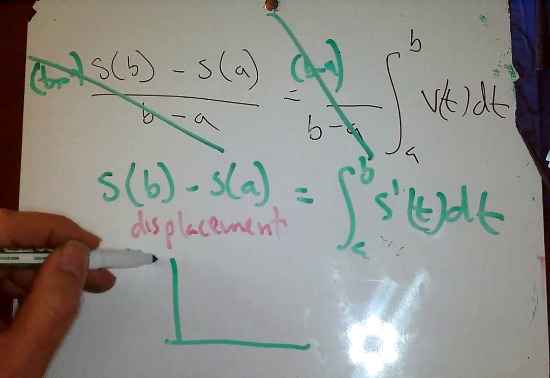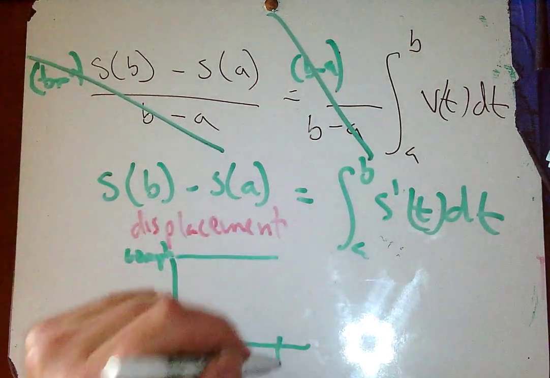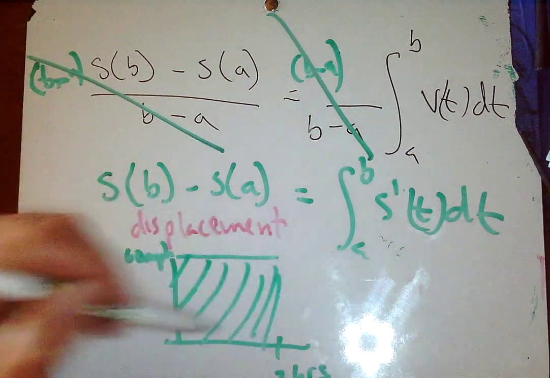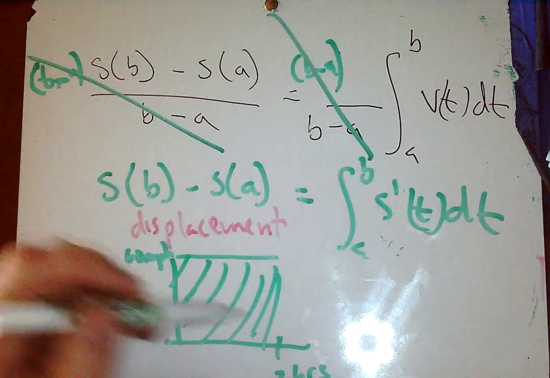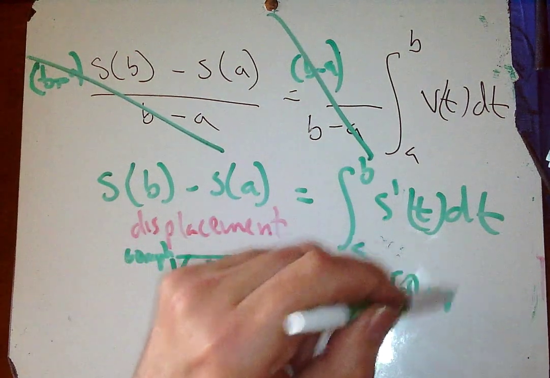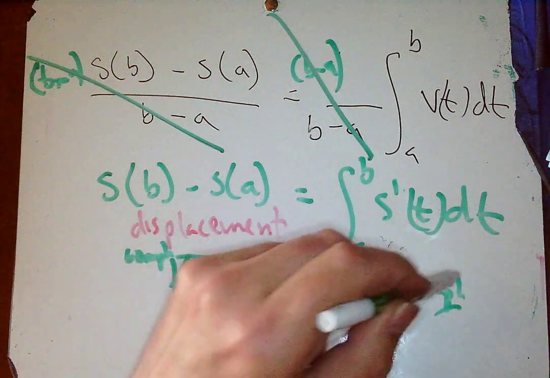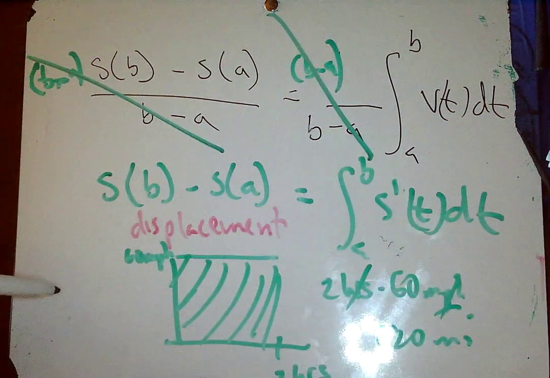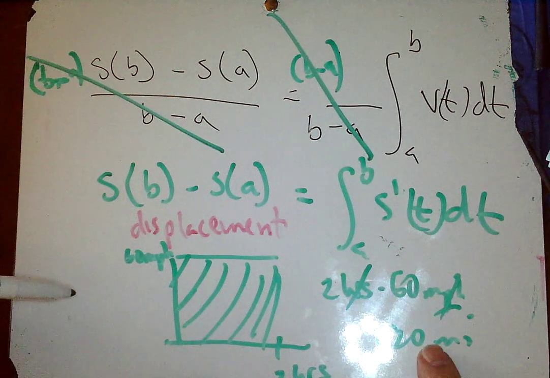Remember this, 60 miles per hour for 2 hours? And I said, hey, how far did I go? And we said, well, 2 hours times 60 miles per hour, the hours cancel, and I get 120 miles. And what was that?